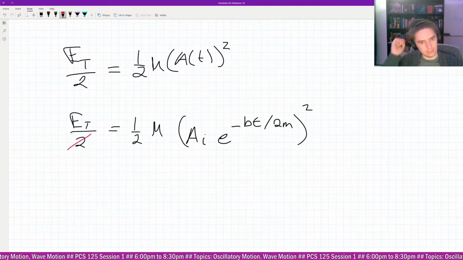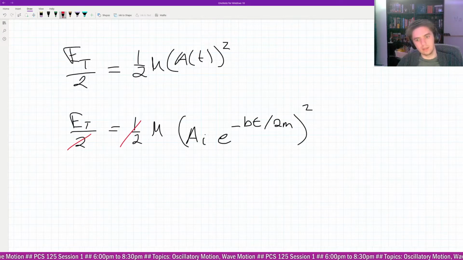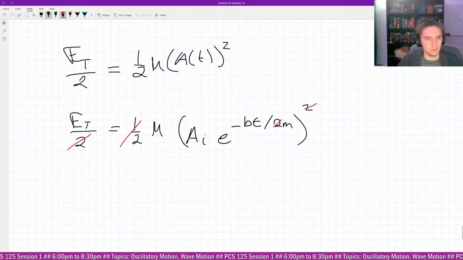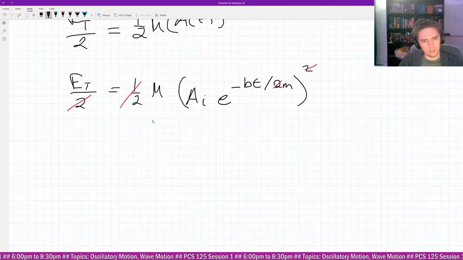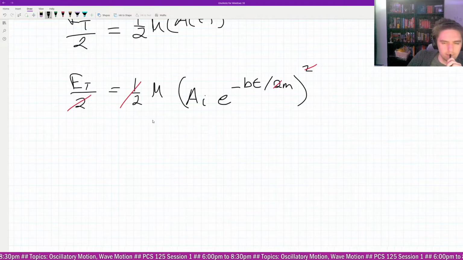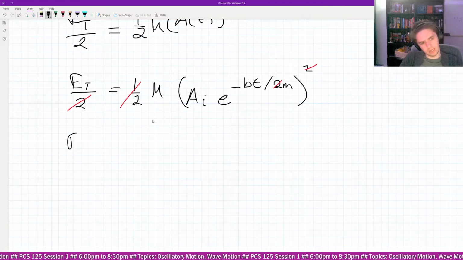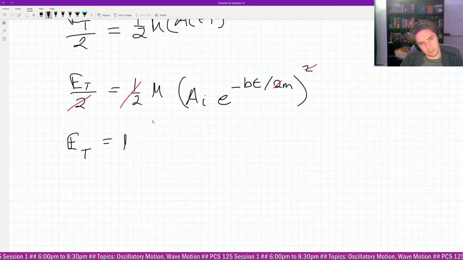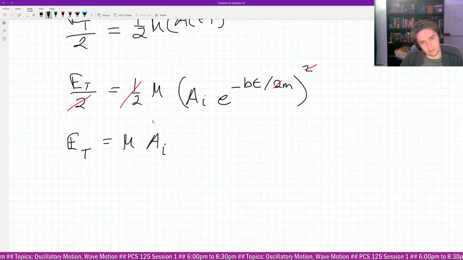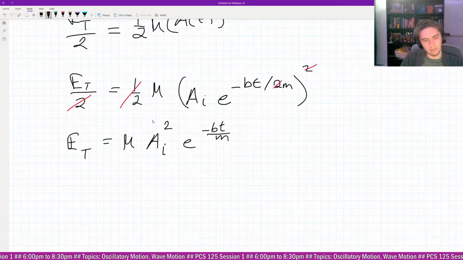Well, this cancels, this cancels. No, we're solving for t. We can still say E_T equals k A_i, and I'm going to have to do something with this A_i, but for now it's okay. Oh no, this is actually squared up there. So it's e to the negative bt over m.